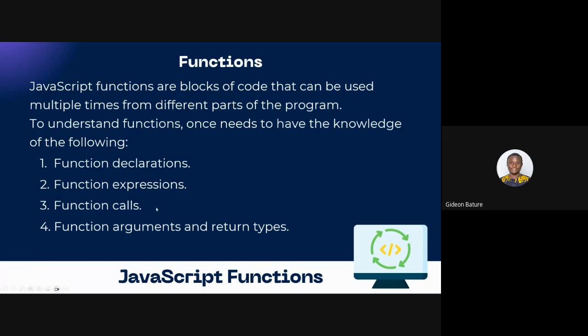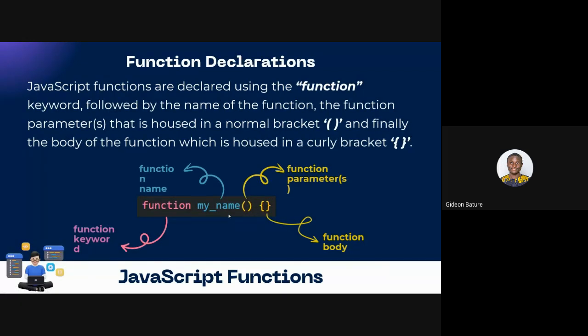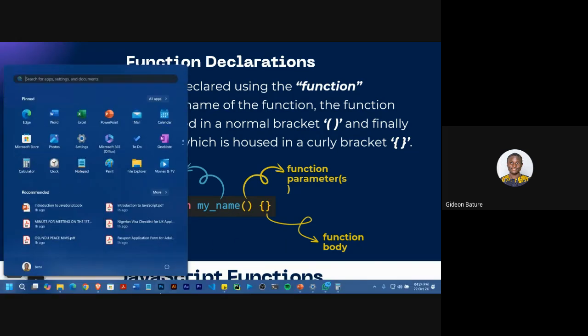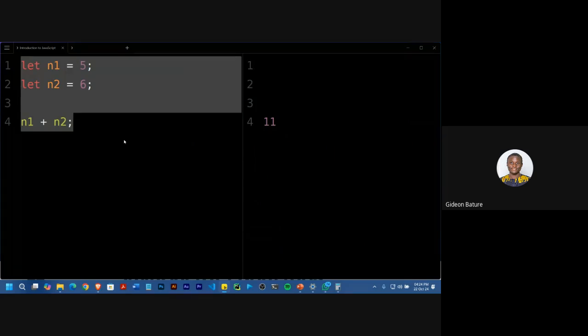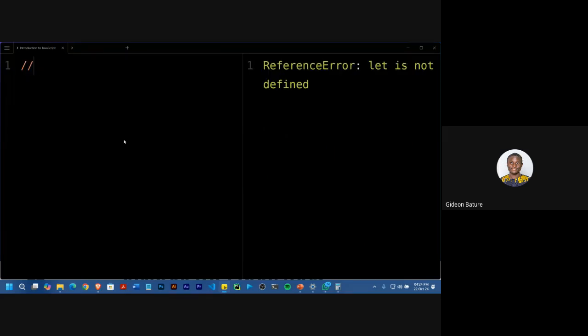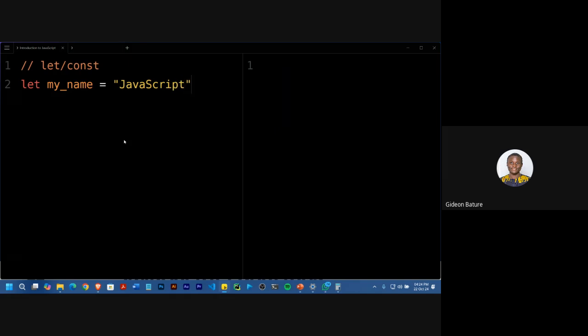So under functions, we have function declarations, function expressions, function calls, function arguments and return types. We will be taking them one after the other. Now, when you talk of function declarations, do you remember variable declaration? We use either let or const. So we have something like let myName.